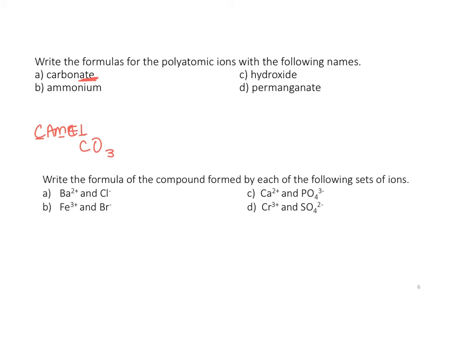Those are the oxoanions. There's 3 oxygens, there's 2 vowels, so this is carbonate. Ammonium. This is the only cation polyatomic you need to memorize, and that is NH4 plus 1. Remember, the positives will always be written first in your nomenclature.